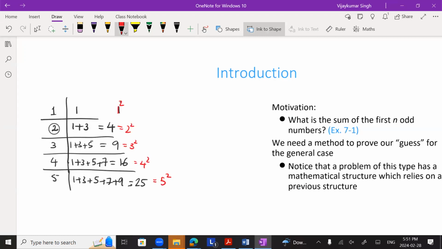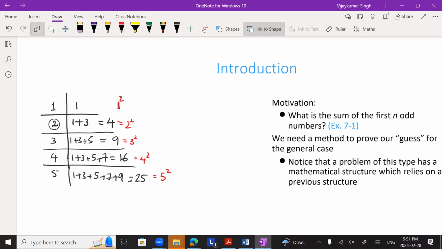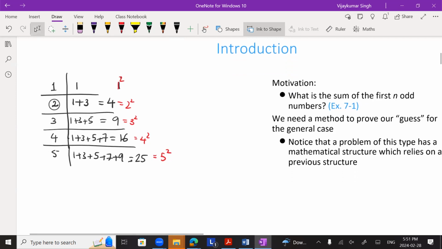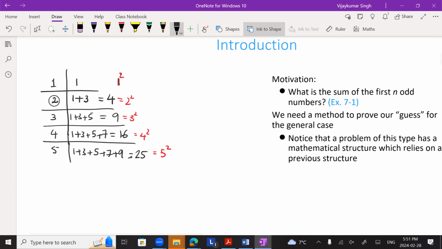So it seems like the sum of the first n odd integers is n squared. If I want to write it in terms of a sum, odd integers are written as 2i minus 1, and I can go from 1 to n.